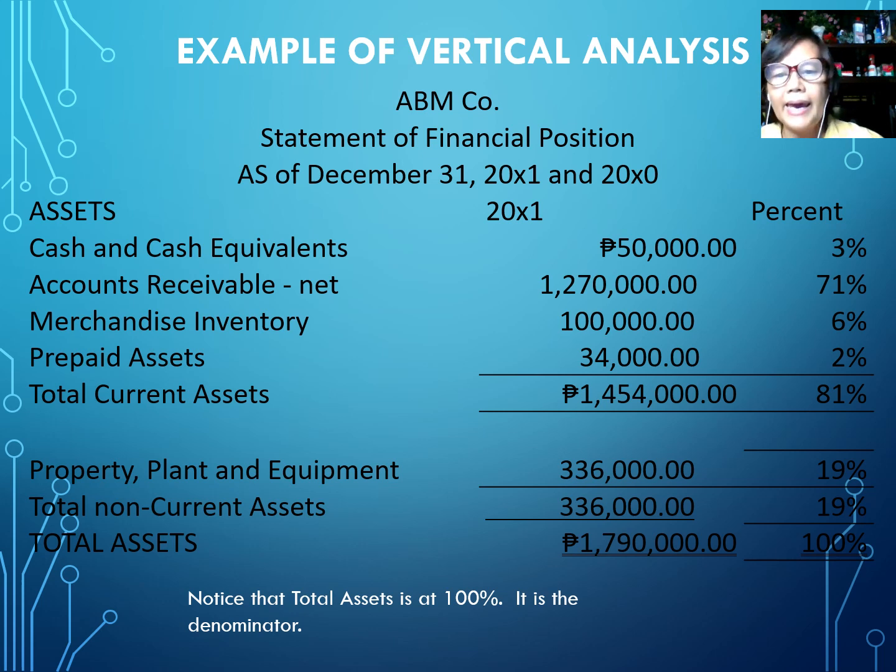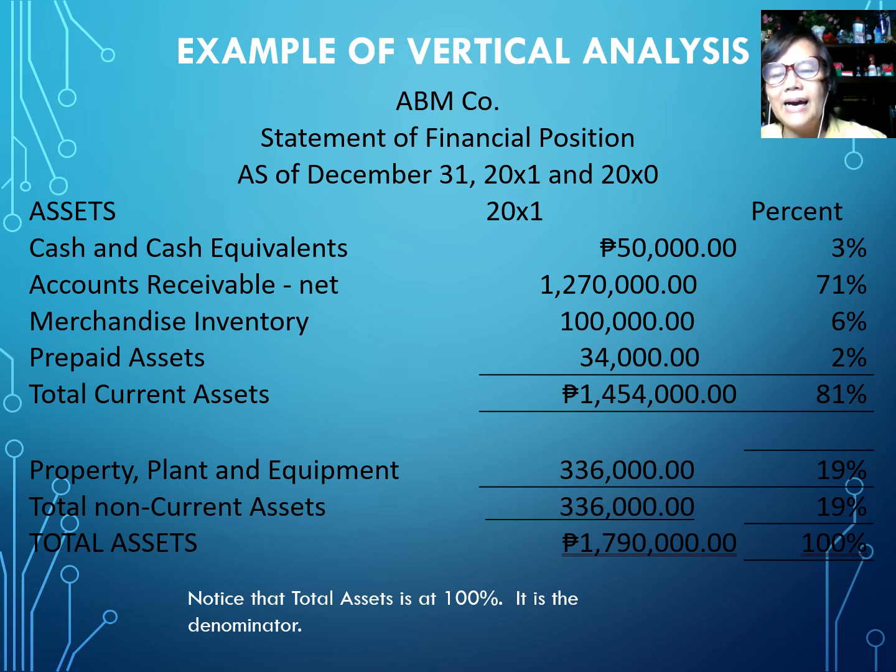In prepaid assets of 34,000, you're going to divide it by the total assets of 1,790,000, which will give you 2%. And then the total current assets, if we are going to add, we have 3 plus 71, 74, plus 6 is 80, and then plus 2, 81.